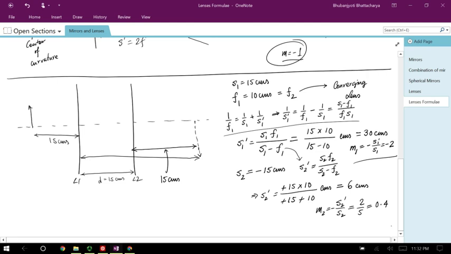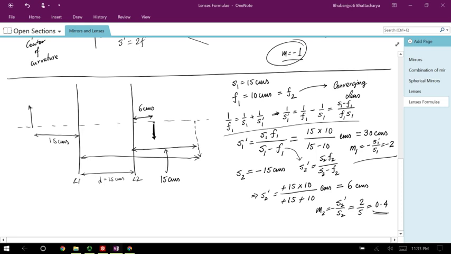So since M2 is 0.4, we started with a virtual object that was inverted. Our result would also be an inverted object, which is smaller, 0.4 times as small as this. So since this is 0.4 times smaller, it is going to be somewhat like this. So this is my final image, and it's going to be 6 centimeters away from our second lens in this case.